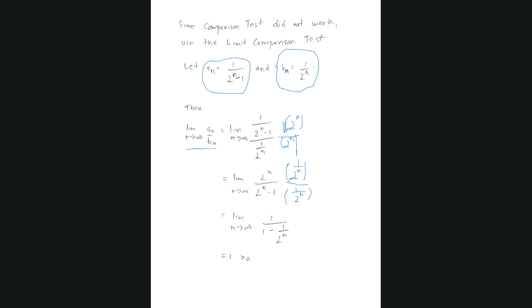We know that 1 over 2 to the nth power, as n gets large, goes to 0. So this equals 1 over 1 minus 0, which is 1. And that's the value of c in the limit comparison test.